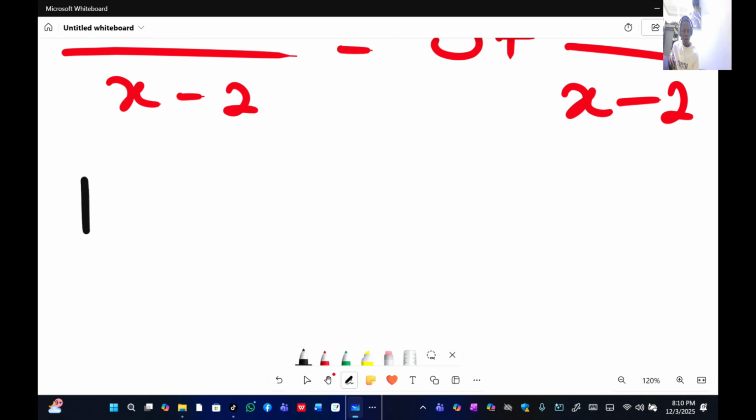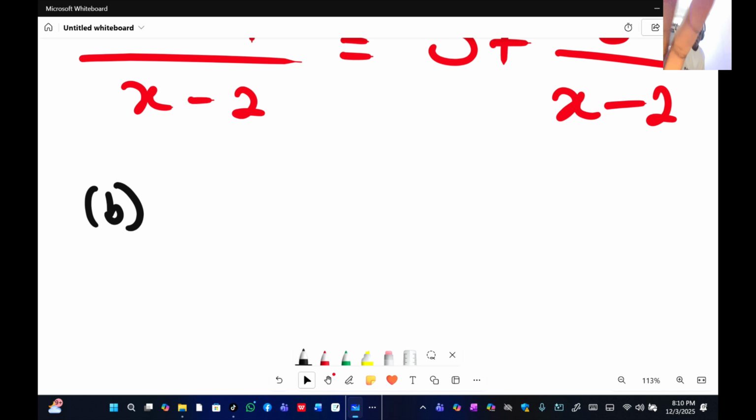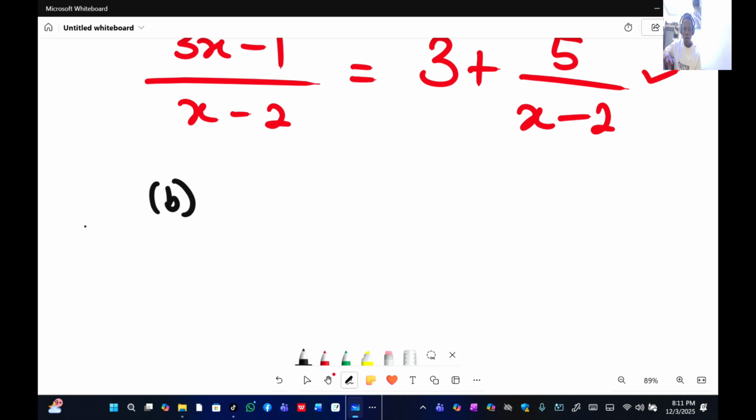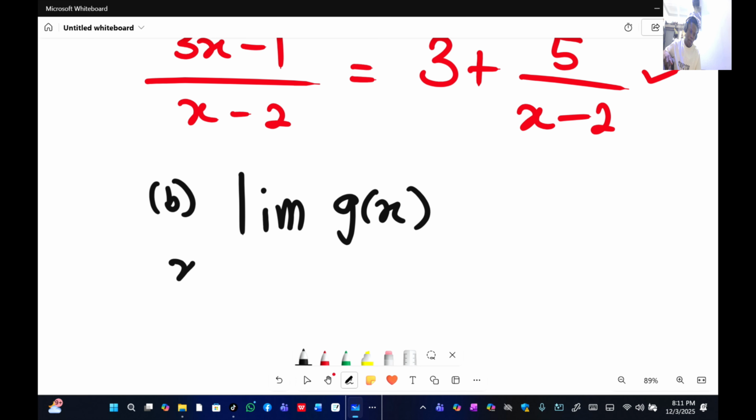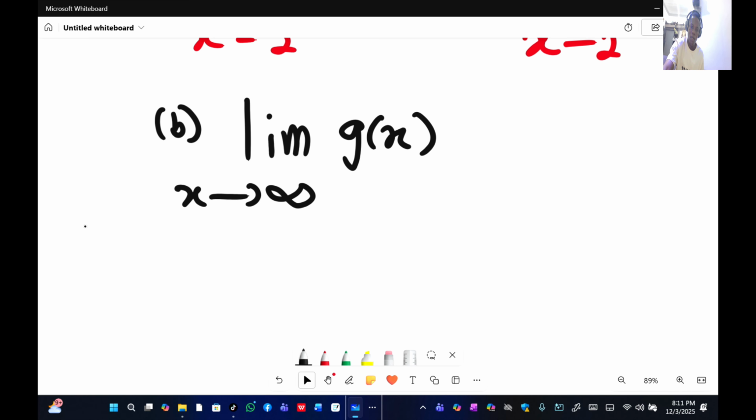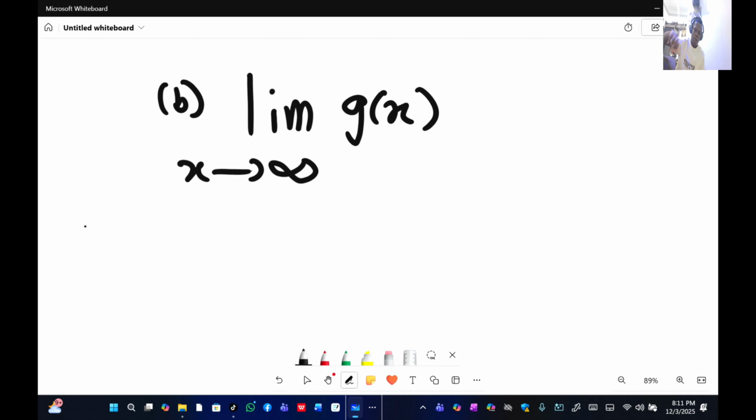So we have to evaluate this. This is the B part of the question. So we have to find the limit of g of x as the input approaches infinity.